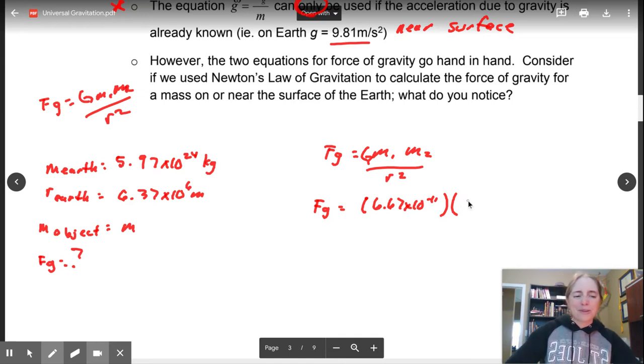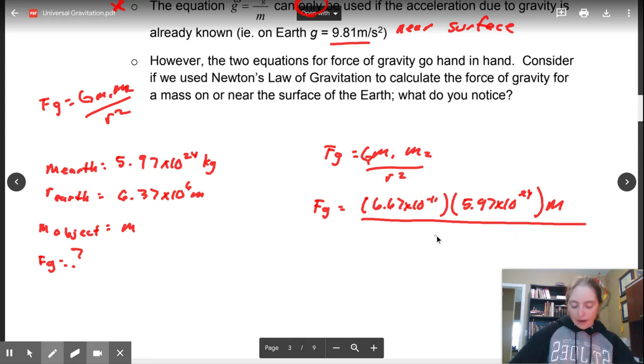Doesn't really matter which mass you make it, but 5.97 times 10 to the power of 24 times m, so the mass of whatever object. I'm just going to leave that as m. I'm going to divide this by our radius, 6.37 times 10 to the power of 6 squared.